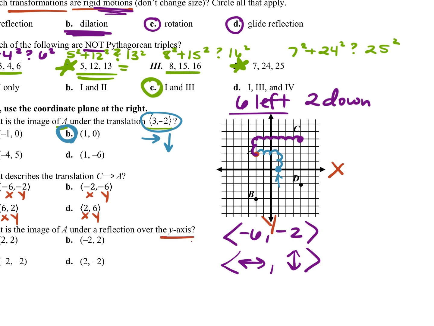So if we're going to reflect over the y-axis, the letter A, here's A. Over the y-axis, what do you do? The answer is also A. How do you do it? You just flip it over that line. You're 2 to the left, so you need to go 2 to the right. 1, 2. What point is that?